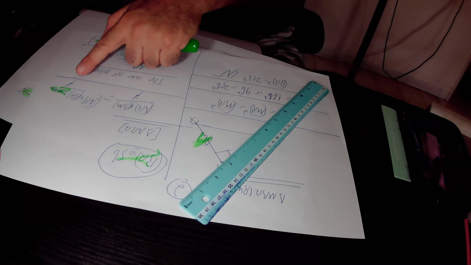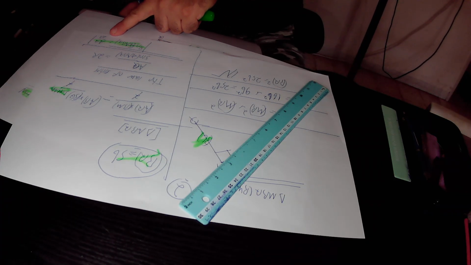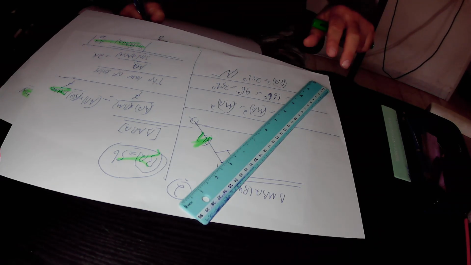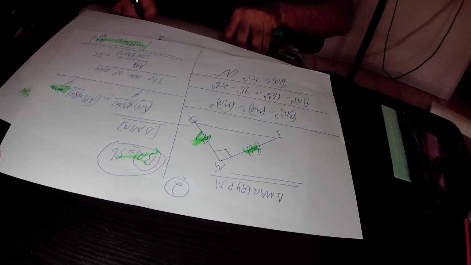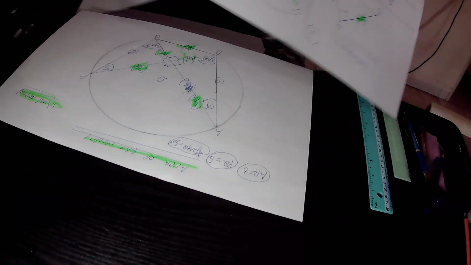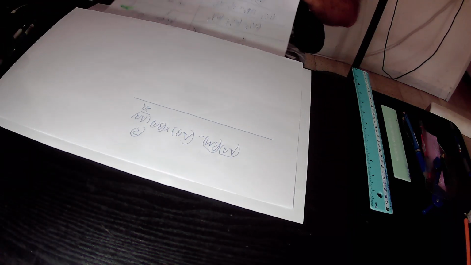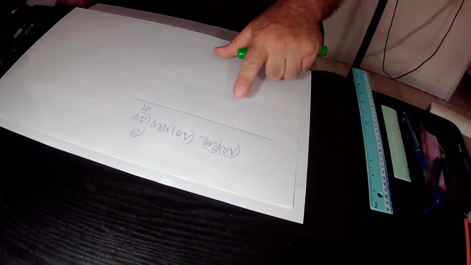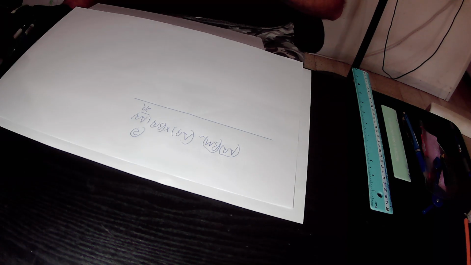And sine angle ABQ equals AQ over 2R. So in total we found out that AQ times BM equals AB times BQ times AQ over 2R.